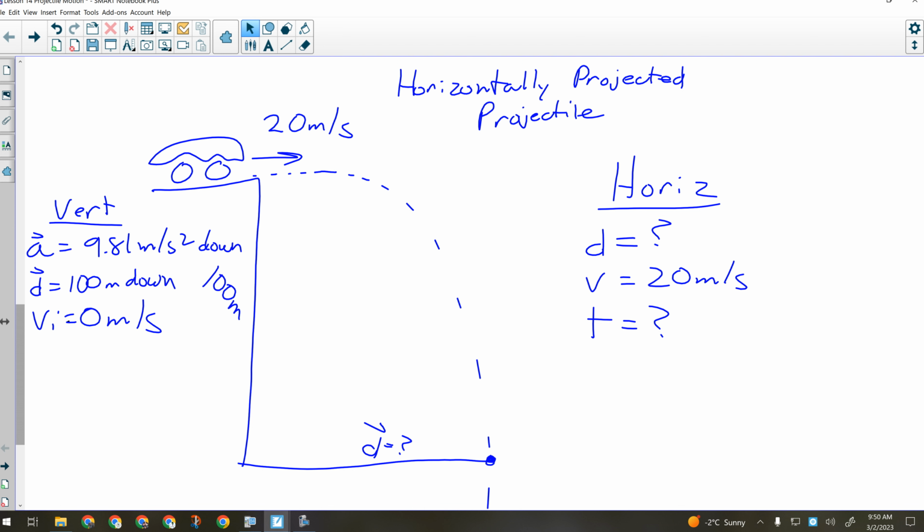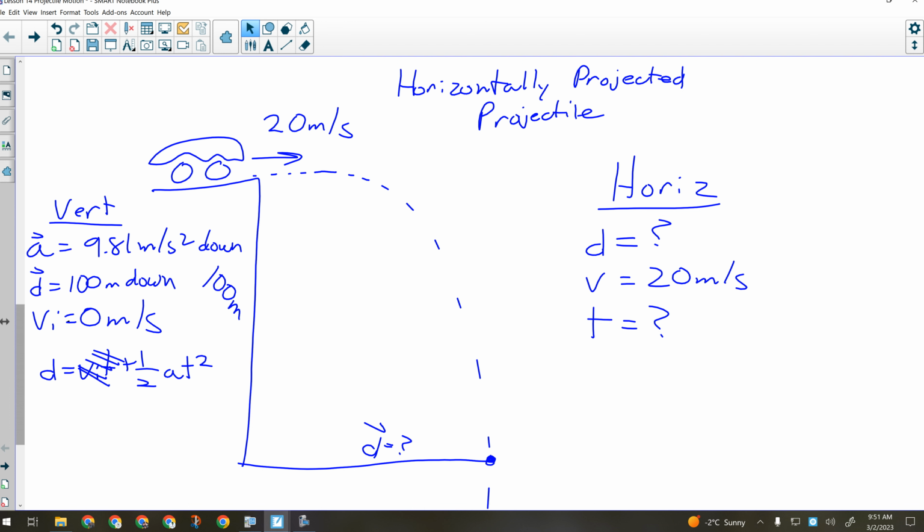Which formula should I use? d equals vi times t plus 1/2 times acceleration times time squared. That one, yeah. You know that one I told you you'd never have to use to calculate time? Unless VI was 0. VI was 0, which it is.